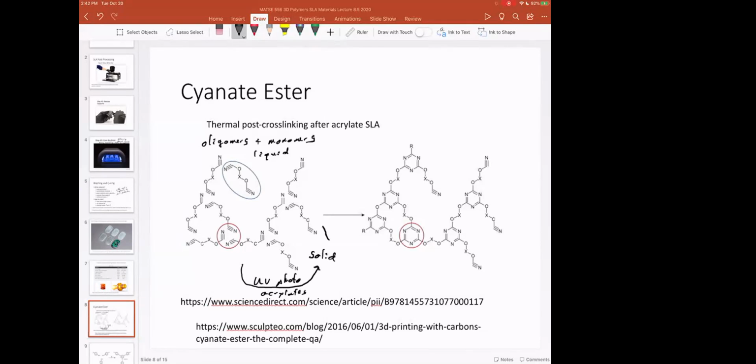And then we're going to do thermal of cyanate ester to get the properties. So this is two reactions. One, UV cross-linking, and two, thermal cross-linking.